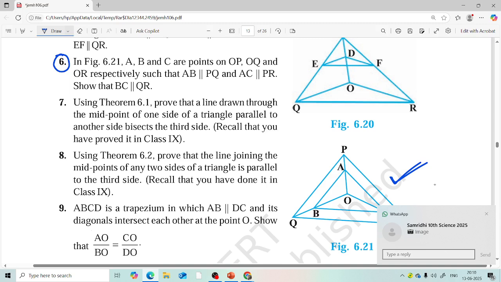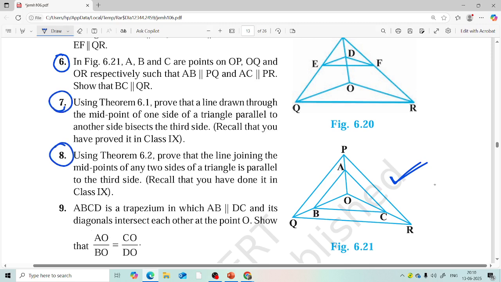Joshida and Samriddhi, I am going to check. Samriddhi, don't leave. Since you have finished the sixth one, you can try the seventh and eighth. Just try it. Samriddhi, let me check your solution.